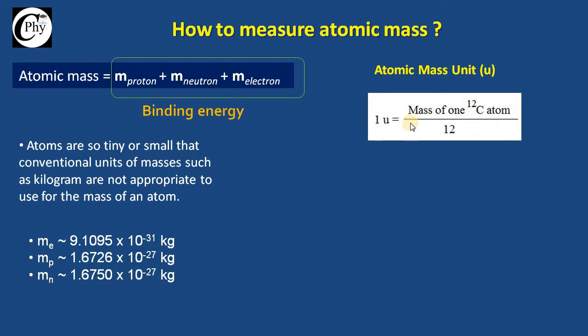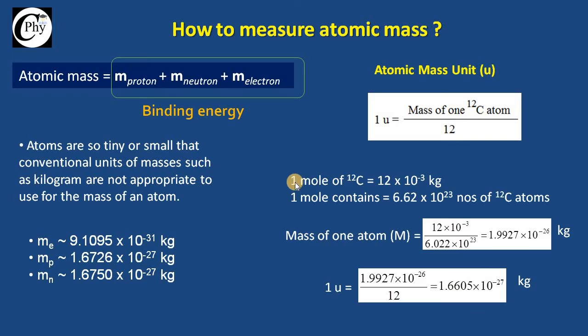Now let's calculate one atomic mass unit, that is u, in terms of kilograms. We know that 1 mole of carbon-12 is equal to 12 grams, and 1 mole contains 6.022 × 10^23 carbon-12 atoms.